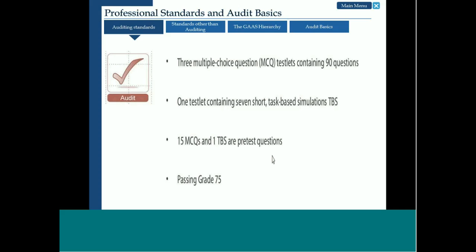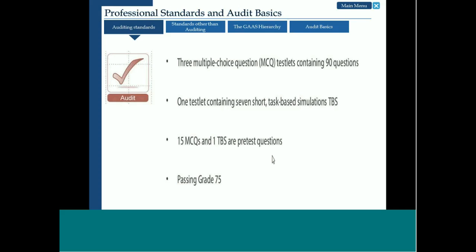Out of 7 simulations, 1 simulation is pre-tested, meaning it would not be graded in the examination. So similar to the 15 MCQ questions, 1 task-based simulation would not be graded in your result.